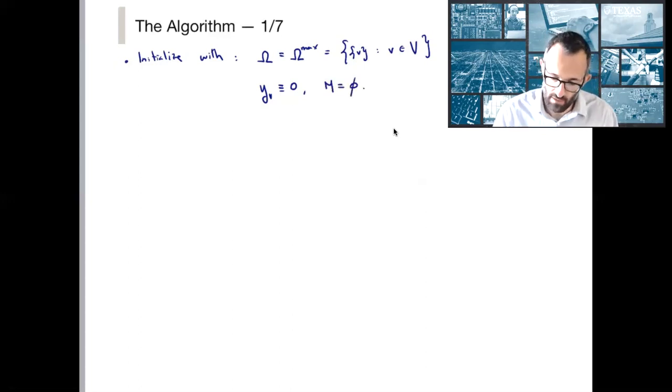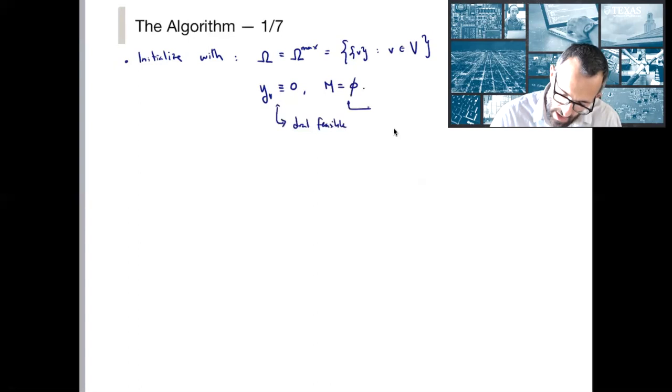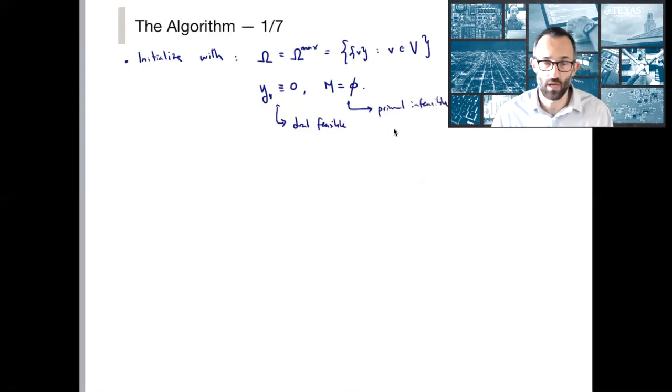So note that this y is certainly dual feasible. And the empty matching is infeasible, but satisfies complementary slackness because it uses no edges.